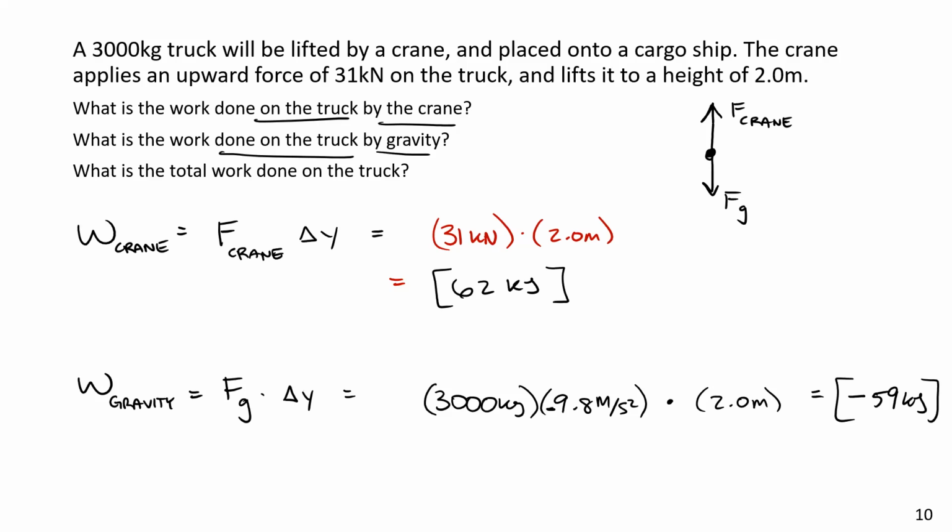And then what is the total work done? We just add the amount of work done by all of the forces in each of the directions. In this case, it's only the two, so we add these two amounts of work. I'll say net or total.